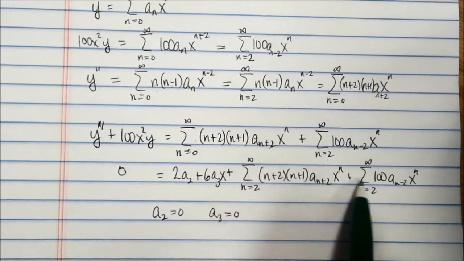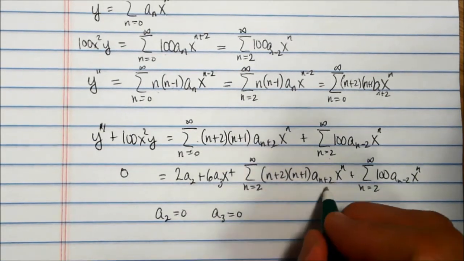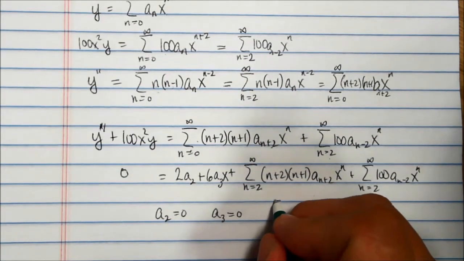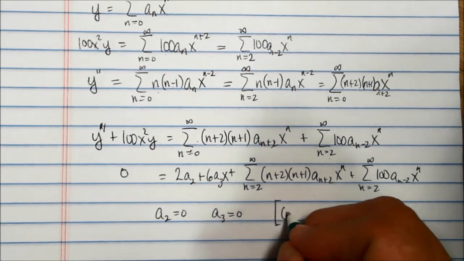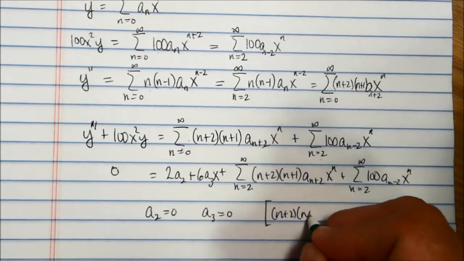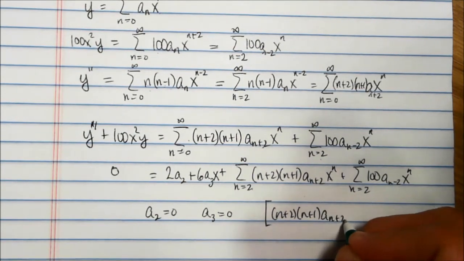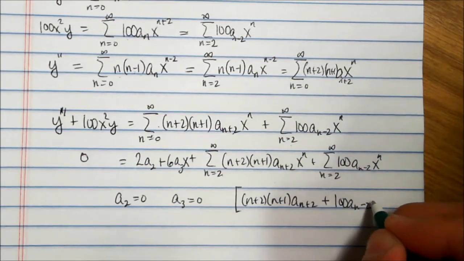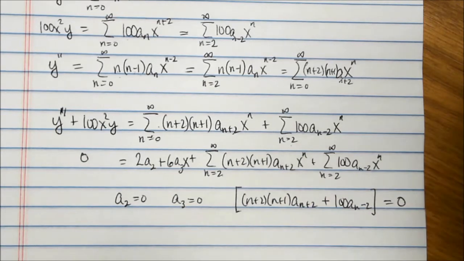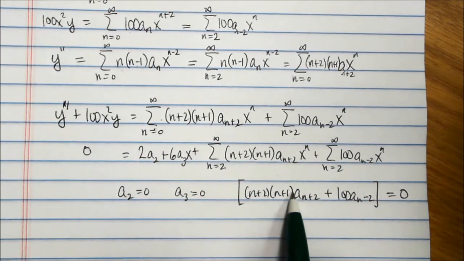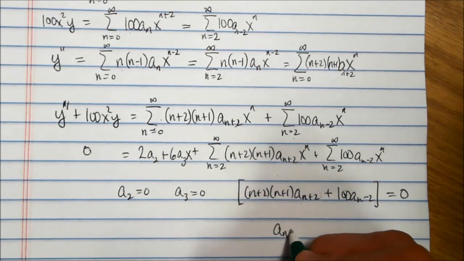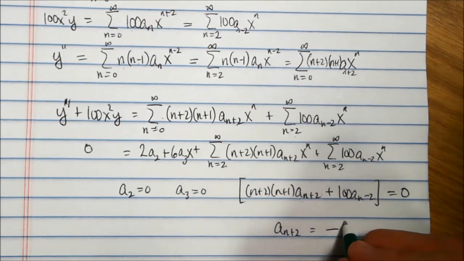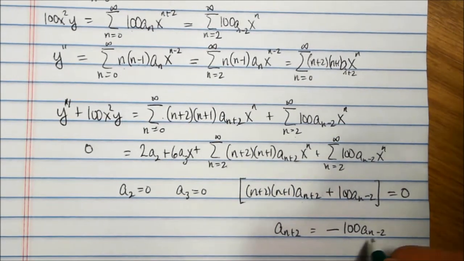And then the remaining series has to be equal to 0, so combining the x^n terms, (n+2)(n+1) a_(n+2) + 100 a_(n−2) has to be equal to 0 as well. Solving for the higher index gives a_(n+2) = −100 a_(n−2) / ((n+2)(n+1)).